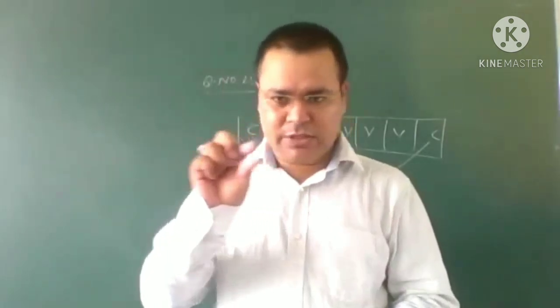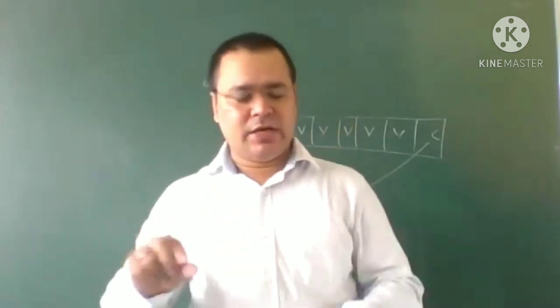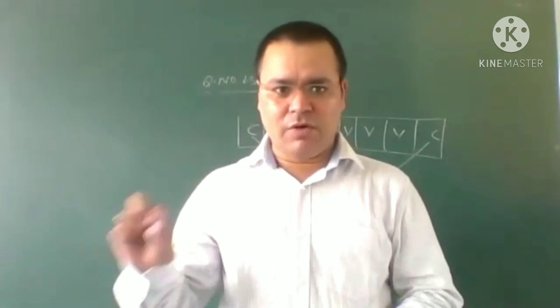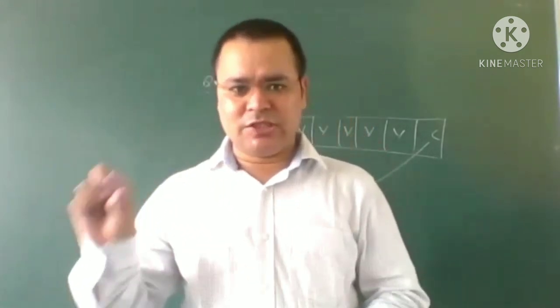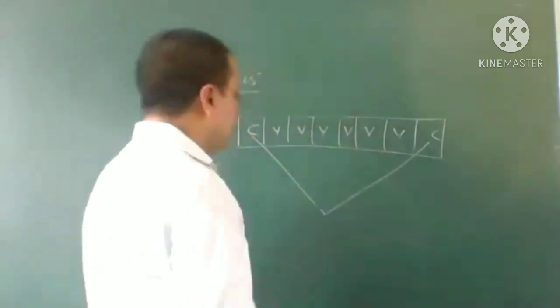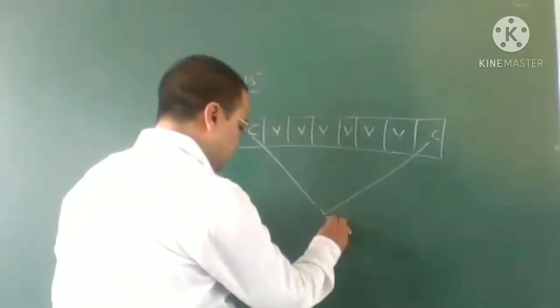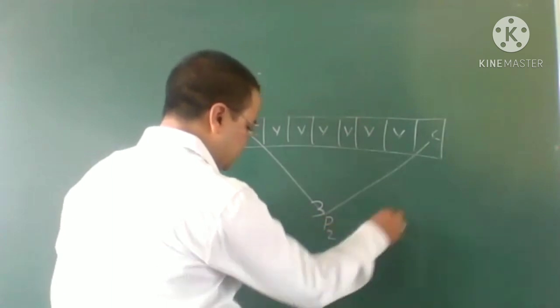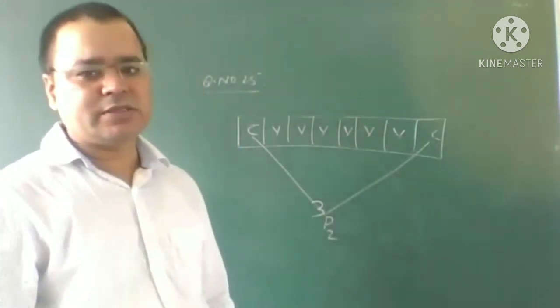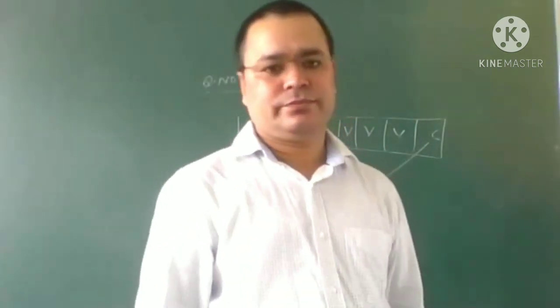The letters of EQUATION are 8: 5 are vowels, 3 are consonants. Out of 3, we have to fill 2. So how many choices do we have? 3P2.